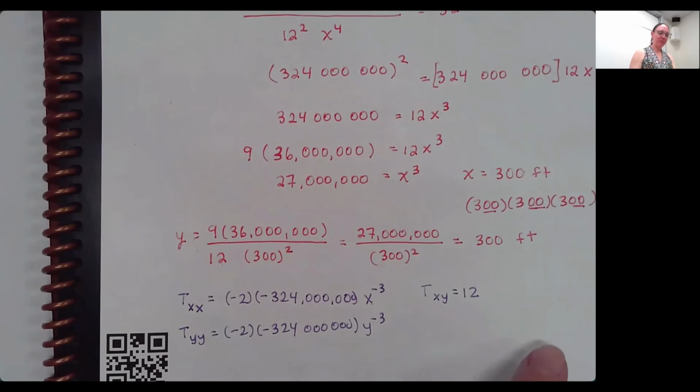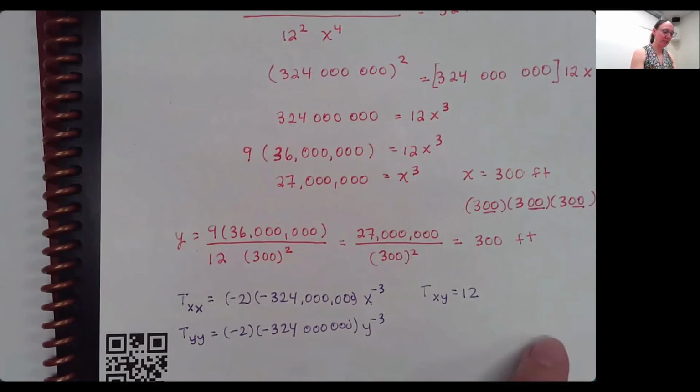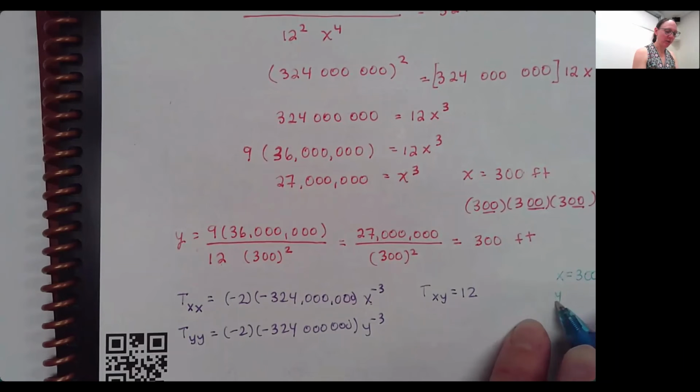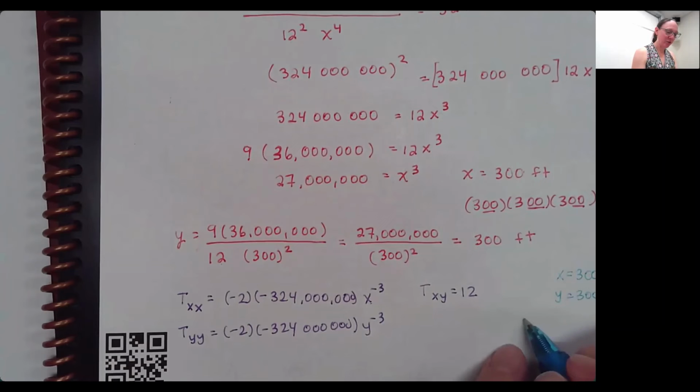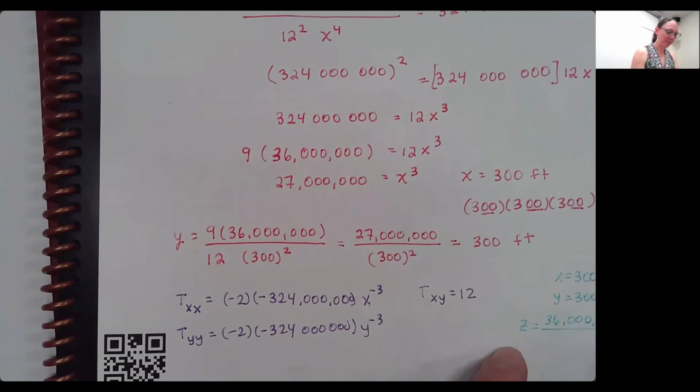Since I'm at a minimum, the only last thing I have to do is to finish finding those dimensions. So we had that X was 300 feet, Y was 300 feet, and Z should be 36 million divided by 300 times 300.